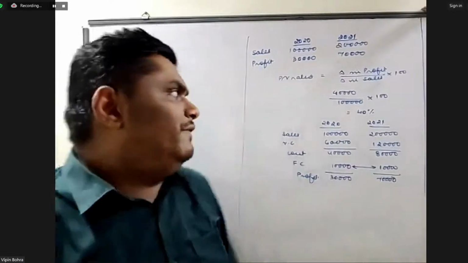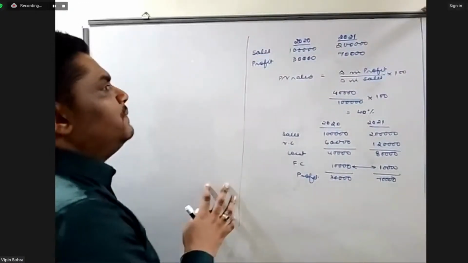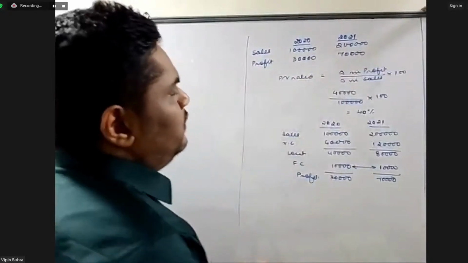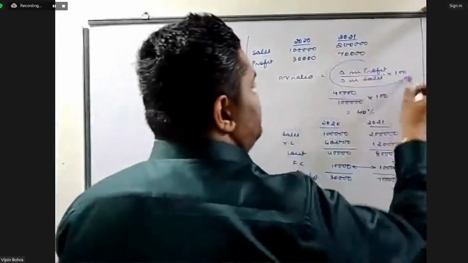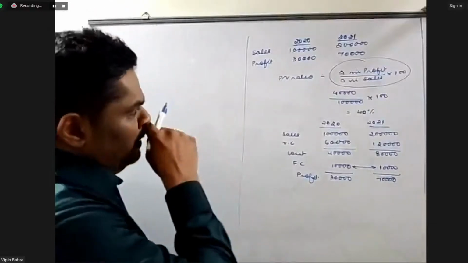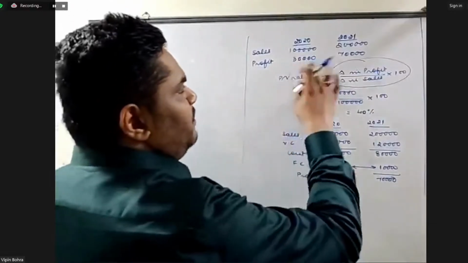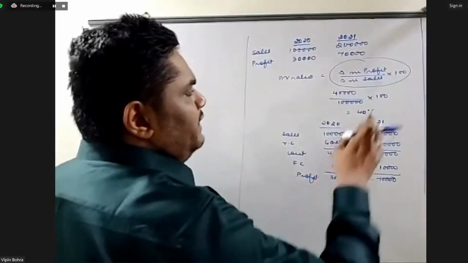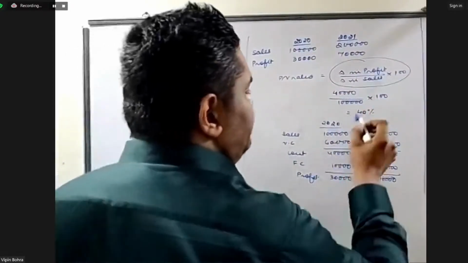So when talking about if the 2-period figures are given, let's say sales and profit, then the formula for the PV ratio is change in profit divided by change in sales into 100. So the change in profit is 40,000 divided by change in sales is 1 lakh into 100. So this is how we'll get the PV ratio.